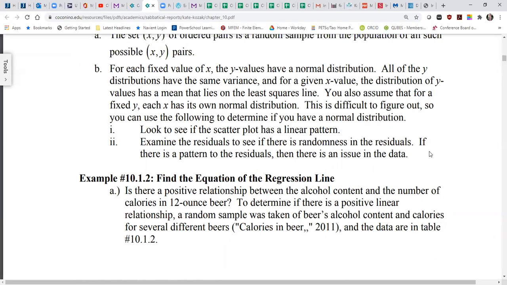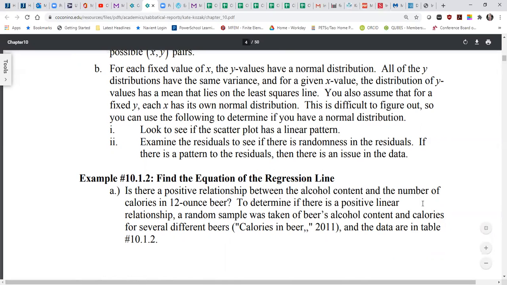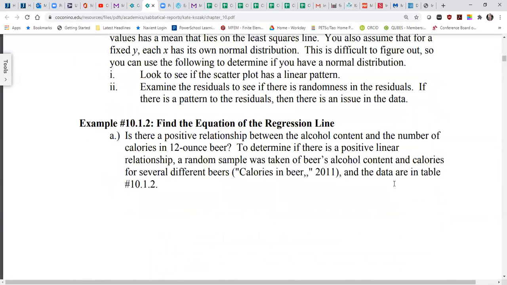It should be random, so there is no pattern. A pattern means it follows a certain formula, for example 2x or x squared.